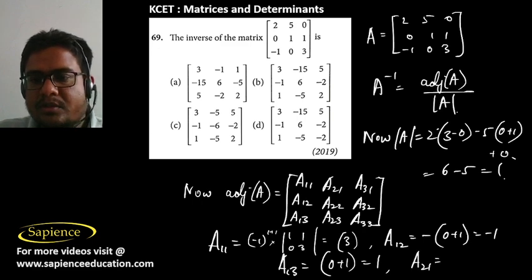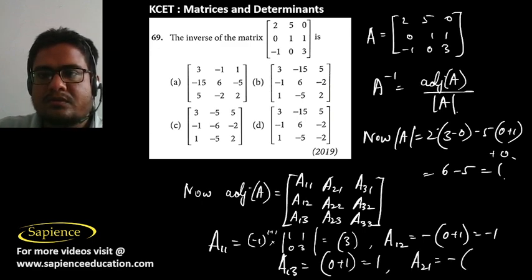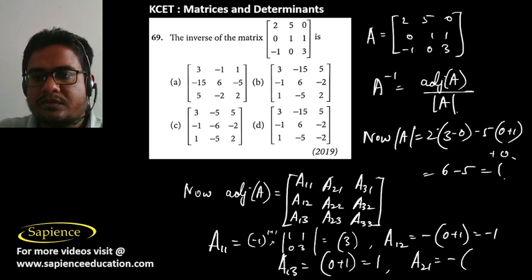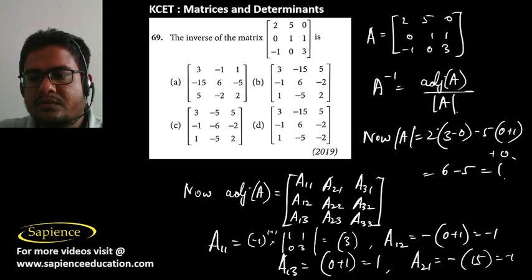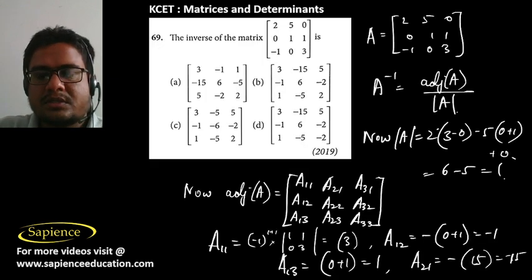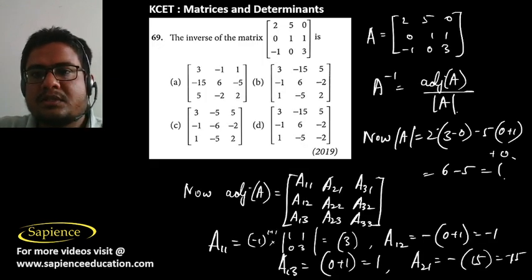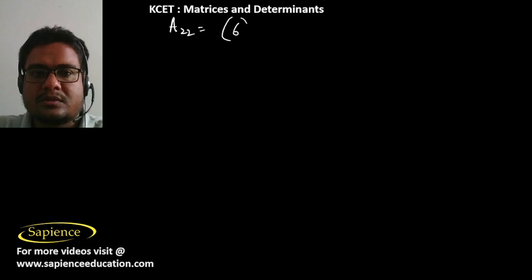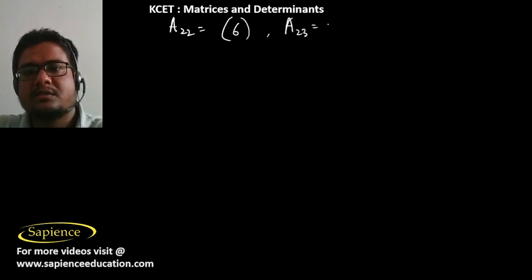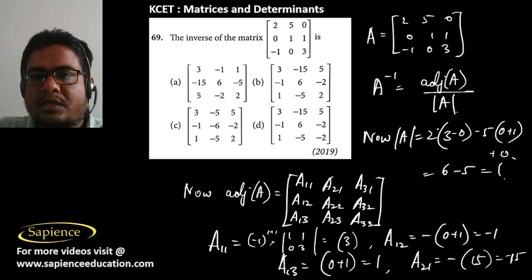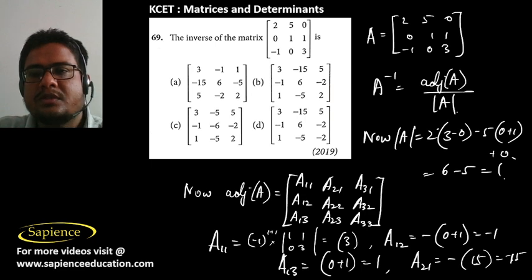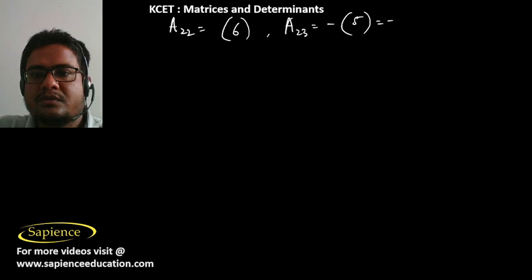Then A21 will be equal to minus of second row and first column removed, 5 times 3 is 15. Then A22, second row and second column removed, 2 threes are 6, 6 minus 0, so that is 6. Then A23 is minus of second row and third column removed, this is 2 times 0 minus of minus 5, that is plus 5, that is minus 5.